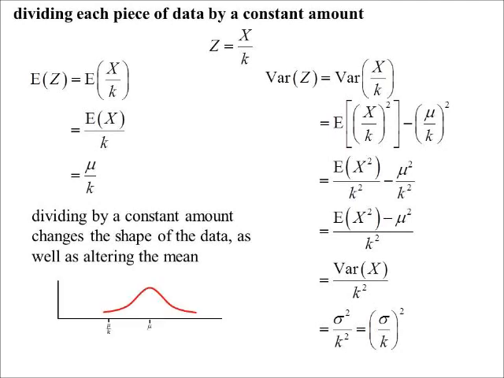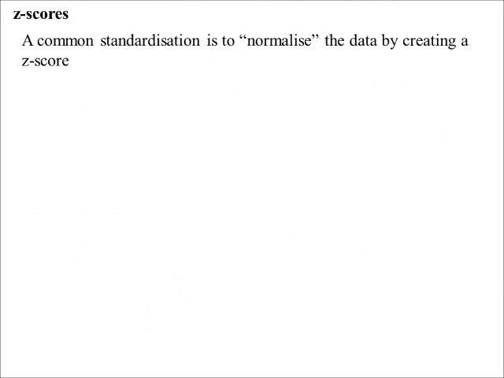So from a graph point of view, if that was the original data, then I'd be shifting it, mu divided by k. I'm assuming k is a number bigger than 1 here, so it makes it smaller. But then I've also made it narrower. The deviation is less of a spread. That's probably a better way of doing it, which is where we get z-scores from.